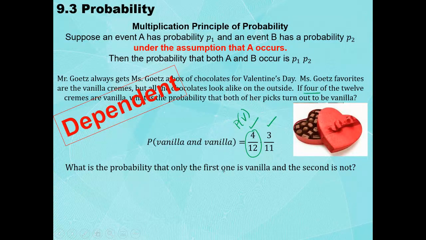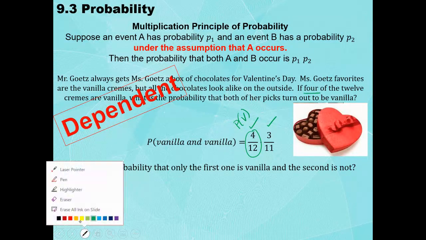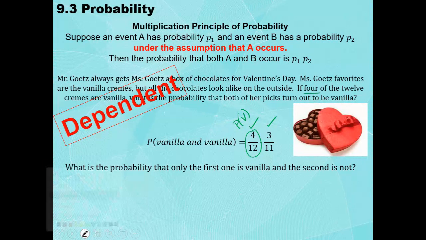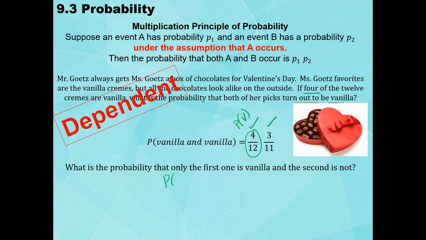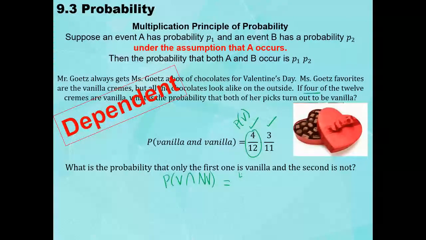What is the probability that only the first one is vanilla, not the second one? Well, the probability that the first one is vanilla doesn't change, and then I'm going to write not vanilla. 4 out of 12 times, well, how many not vanillas are there?